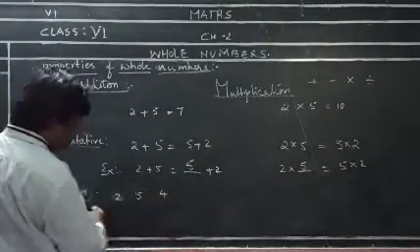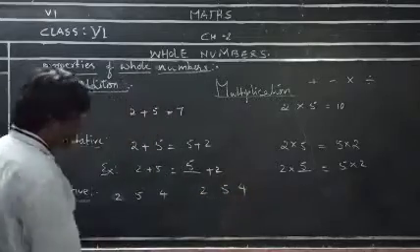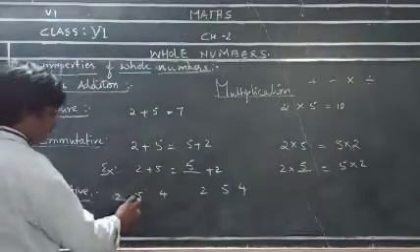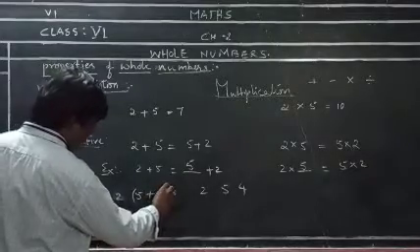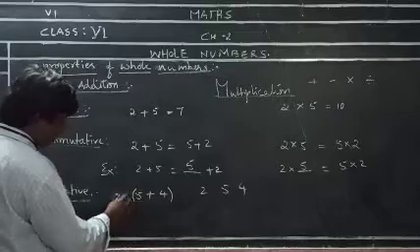Now again I will take the same numbers, 2, 5, 4. First I will make 5 and 4 a group. I am adding, and with this sum I will add the other one, 2.